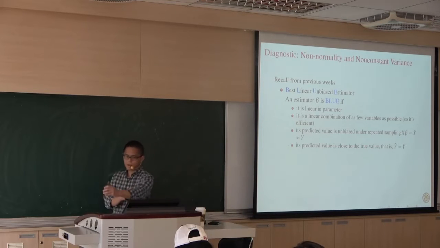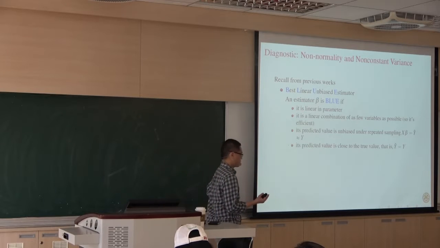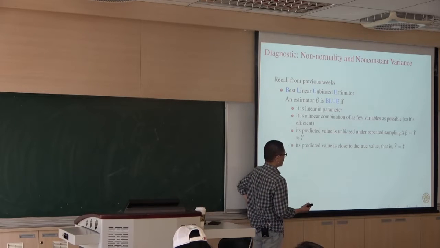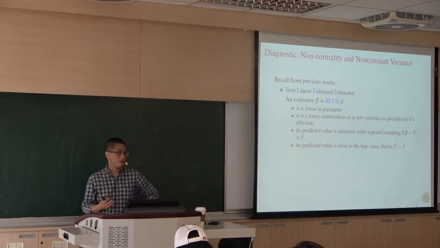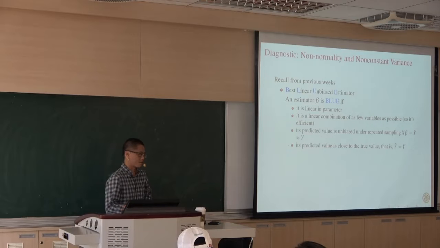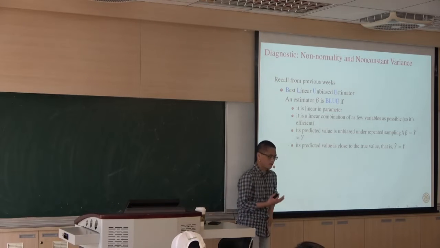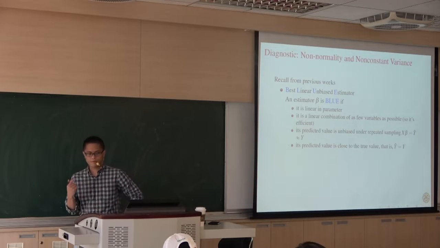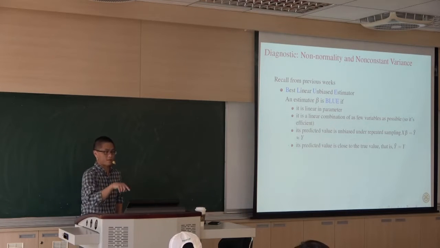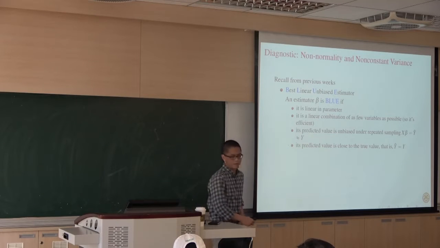And talk about the B, the best. So what makes the estimator the best? Meaning that the y, the outcome variable, is a linear combination of as few variables as possible. So the best means the efficiency criterion. If you can explain the major variation in the dependent variable with as few x variables as possible, then it's the best model.